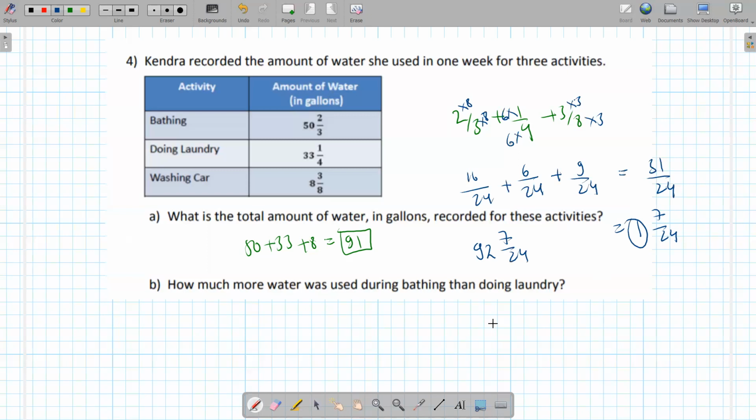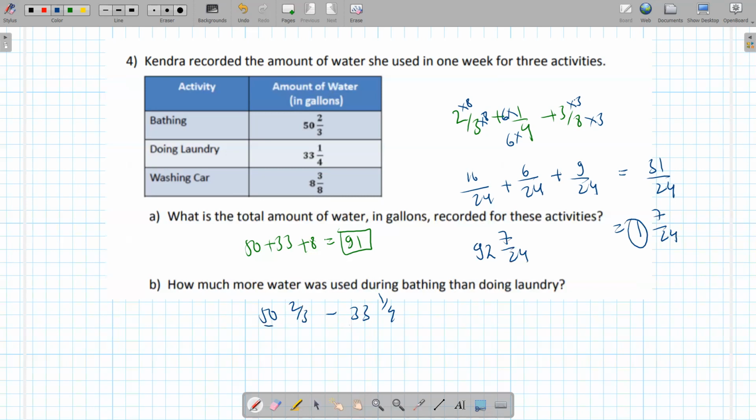What about B? You just subtract. 50 and 2/3 minus 33 and 1/4. Again, we don't have to convert them into improper fractions.